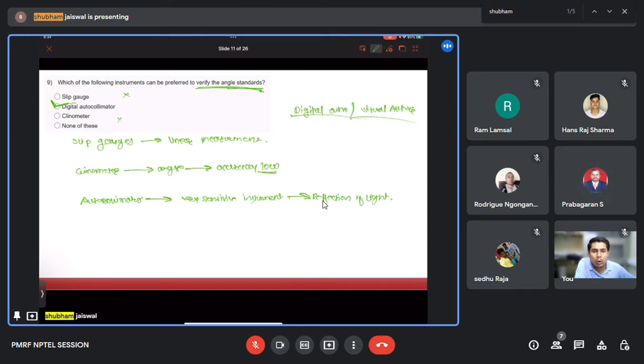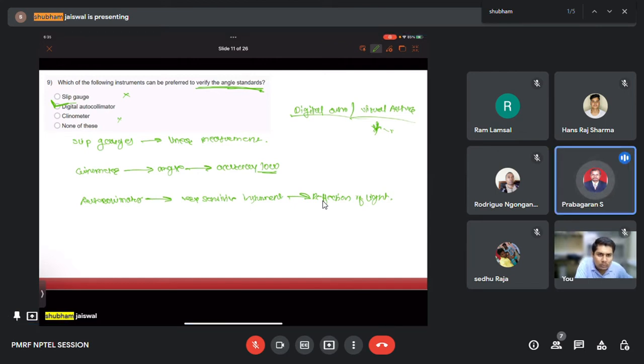The visual autocollimator is based on the eye of the person checking, so it can sometimes produce some error or deviation. Human error, yeah. As it involves human error, it is better to go with the digital autocollimator. So any doubt, anyone?